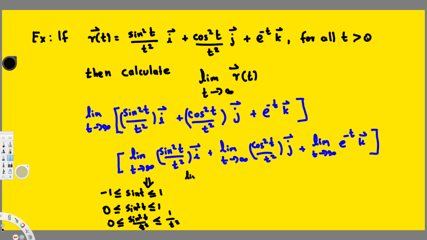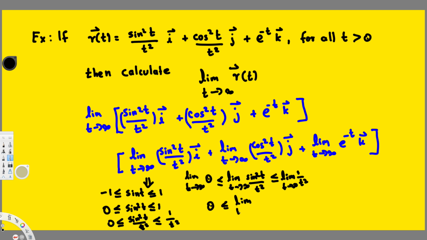So the limit as t approaches infinity of 0 is going to be 0 anyway because we don't have any t, and the next one is the limit as t approaches infinity of sine squared t over t squared, and the limit of 1 over t squared, right? As t approaches infinity, this is 0, and this one is what we are trying to find.